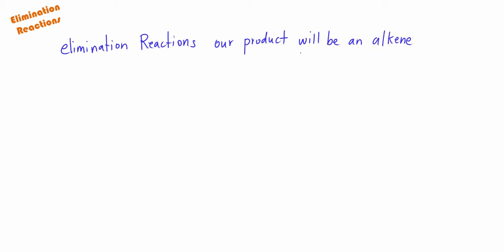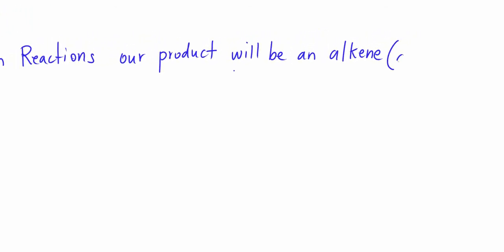So if we have a product from an elimination reaction, it's going to be an alkene. That means some compound that contains a double bond. Okay.